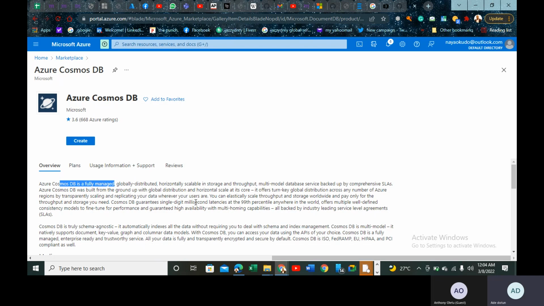It means that once you create that particular resource, the Cosmos database, Microsoft has done more in the back, with fully managed and all those things. Let me show you the diagram so that you understand.